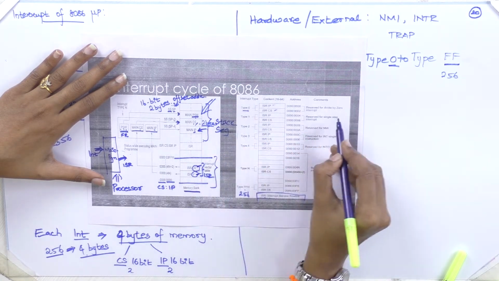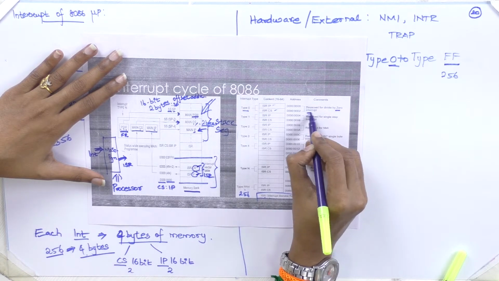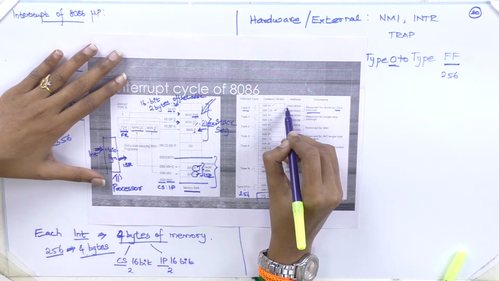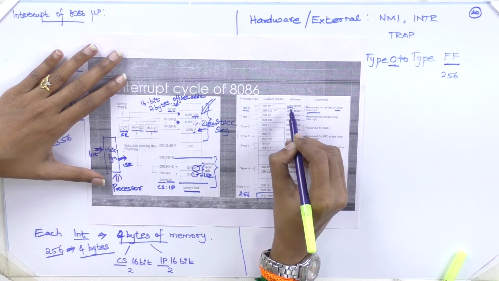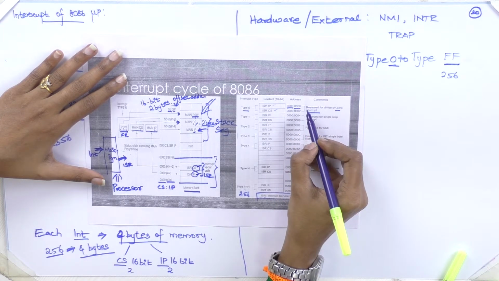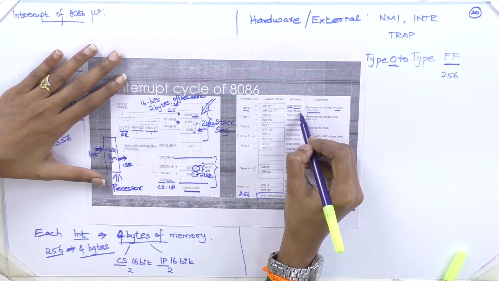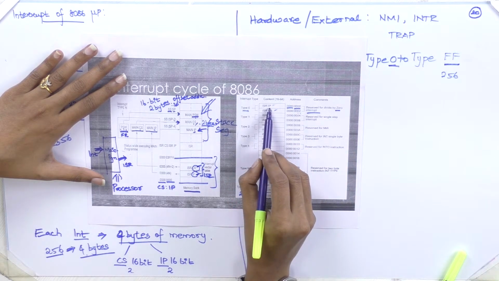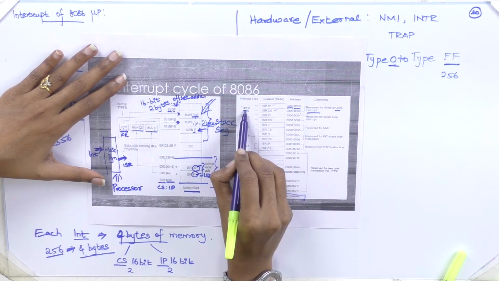So type 0, which is nothing but divide by 0, has this code segment address and this IP address. Addresses 00 to 02 are occupied, IP and CS, reserved for type 0.